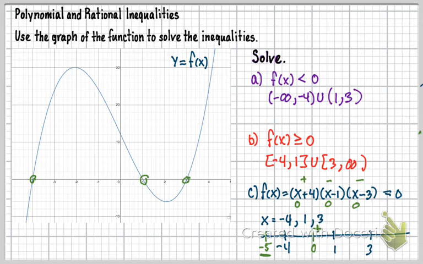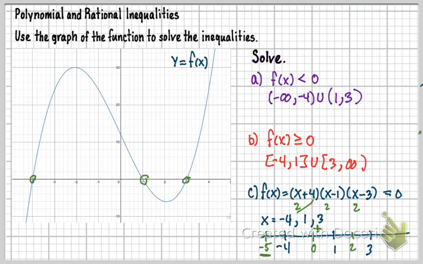Now I'm going to go between 1 and 3, so I'll pick 2. And I do the same thing here. So I'm just going to put 2's here where x is at. Now again, I always have to think about multiplying those signs. That's how I determine if it's negative or positive. Okay, there it is.